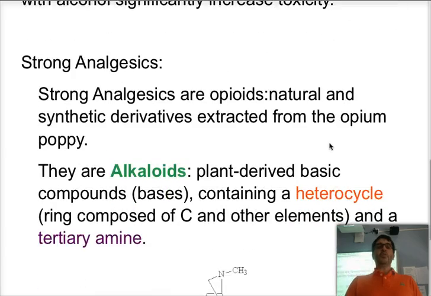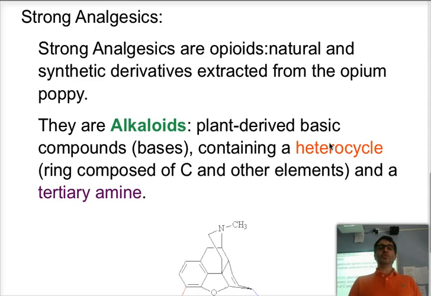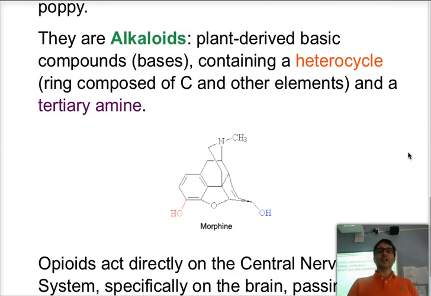When we look at strong analgesics, we are looking at opioids, derivatives from the opium poppy, and these particular substances are alkaloids. Alkaloids means that they are plant derivatives, basic plant derivatives that contain a heterocycle and a tertiary amine. Okay, wait, what does that all mean? A heterocycle is a ring that is composed of carbons and any other elements.